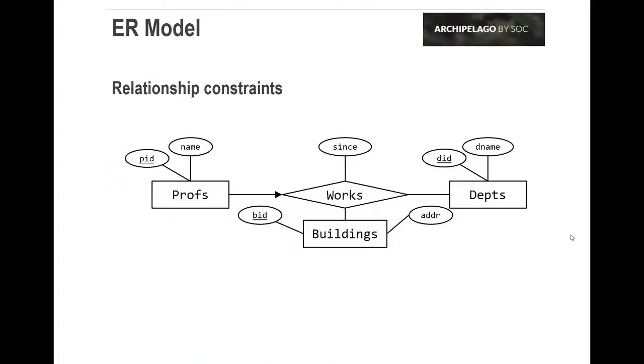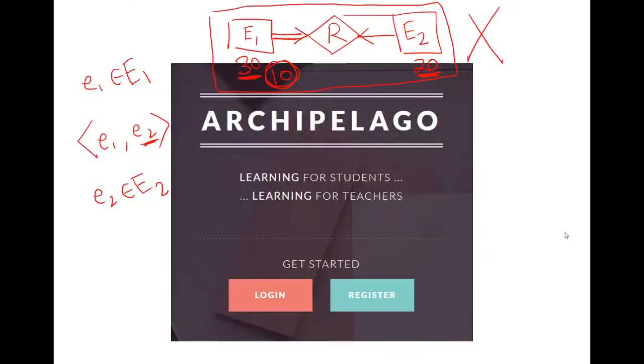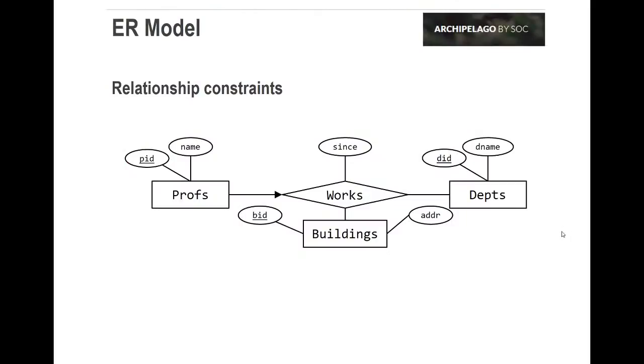Okay, so let me summarize. Well, I thought I have a summary page, but let's look at this one first. There's another question that I'm opening. This is the n-ary. So there's an n-ary relationship.